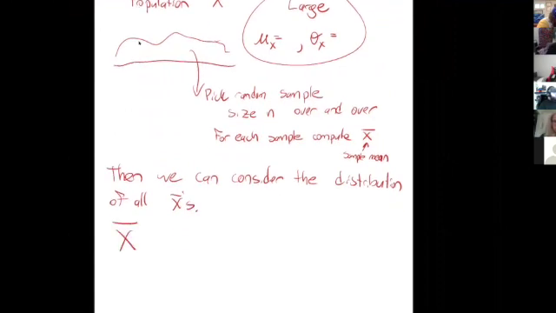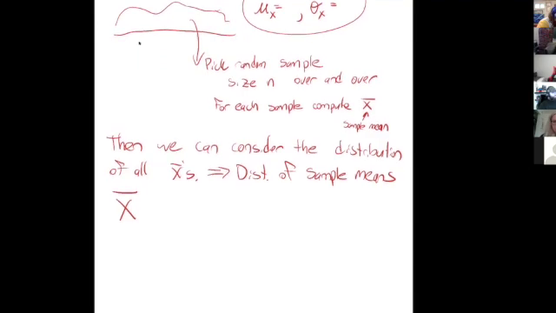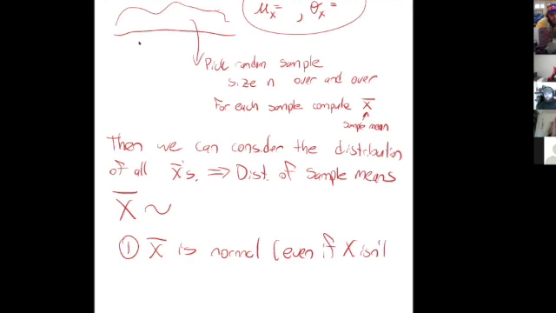So this we would call the distribution of the sample means, so we denote that with an x bar. And so what the central limit theorem tells us is, first of all, it's going to be normal. And that's going to be the case even if the population is not normal. So that gives us this piece there.